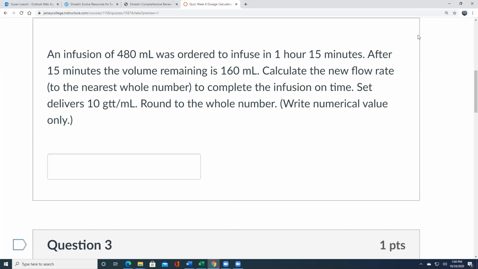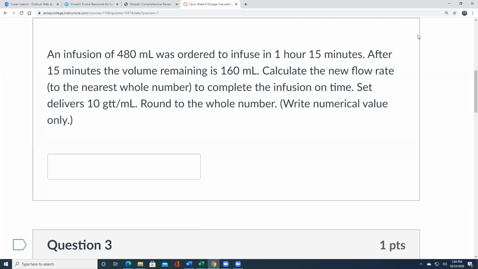Now, your volume was 480, but now we only have 160 left. So that's our total volume now, 160, because that's what we have left. Our time is 60 minutes, and our drop factor is what? 10.